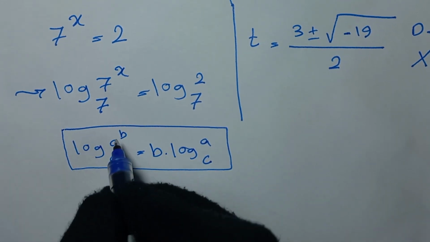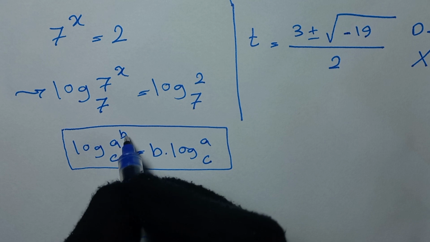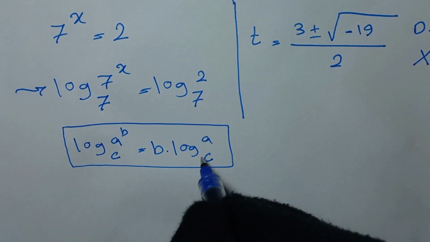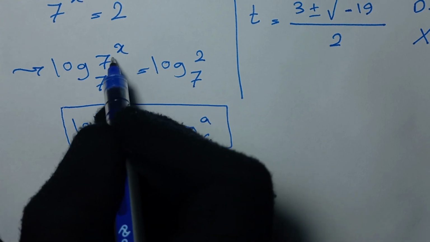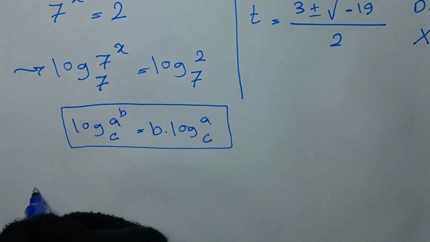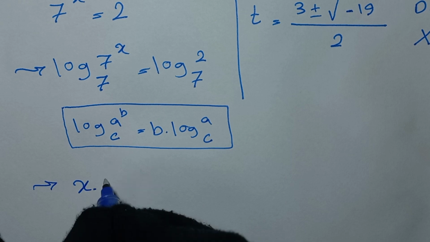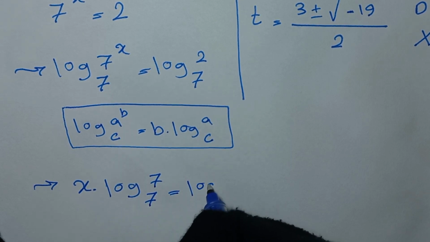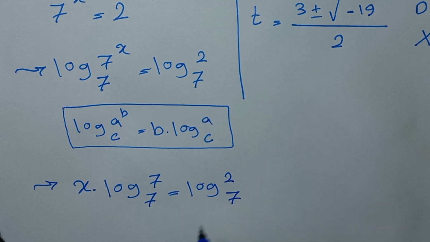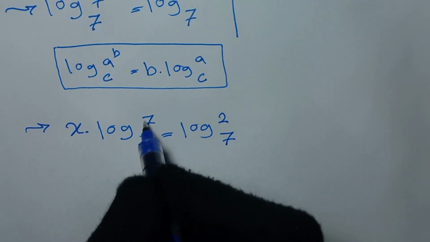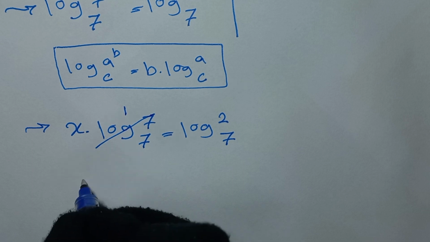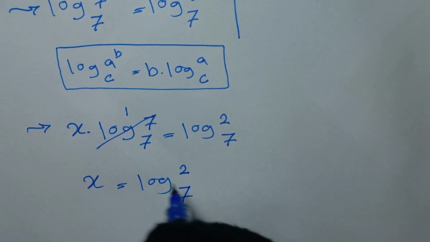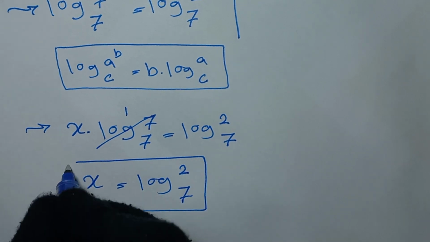Here, we can take this power b outside of the log, and it will be b times log of a to base c. And here, we can take this x outside of the log, and it will be x times log of 7 to base 7 is equal to log of 2 to base 7. And here, log of 7 to base 7 is 1, and x is equal to log of 2 to base 7. And this is our final answer.